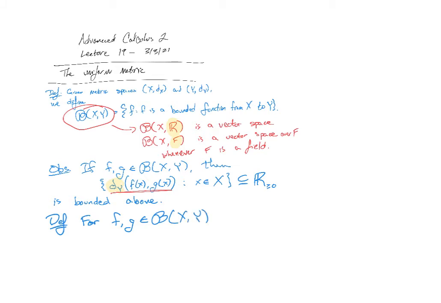F and G are bounded functions from one metric space to another. And we are going to define the uniform metric by, we're going to denote it d sub infinity.